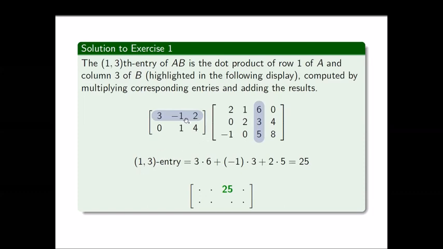And then we take the corresponding entries, multiply them and add them together. So we multiply 3 with 6, minus 1 with 3, and 2 with 5. So we get 18 minus 3 plus 10, and that's 25. And then we plug in 25 at matrix coordinates 1, 3.